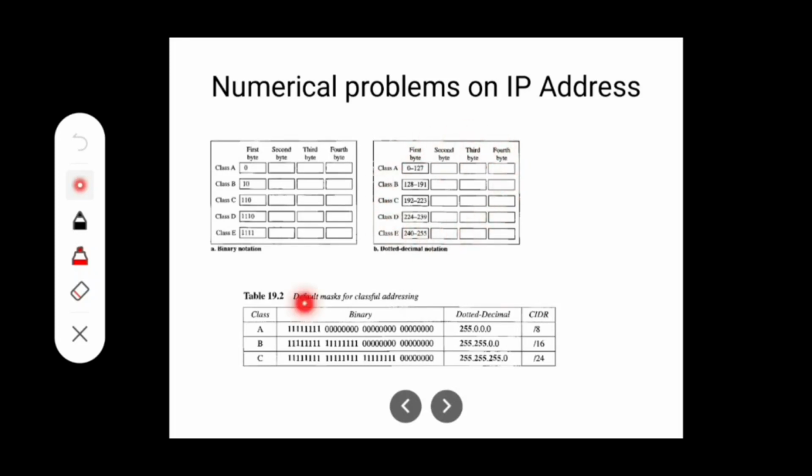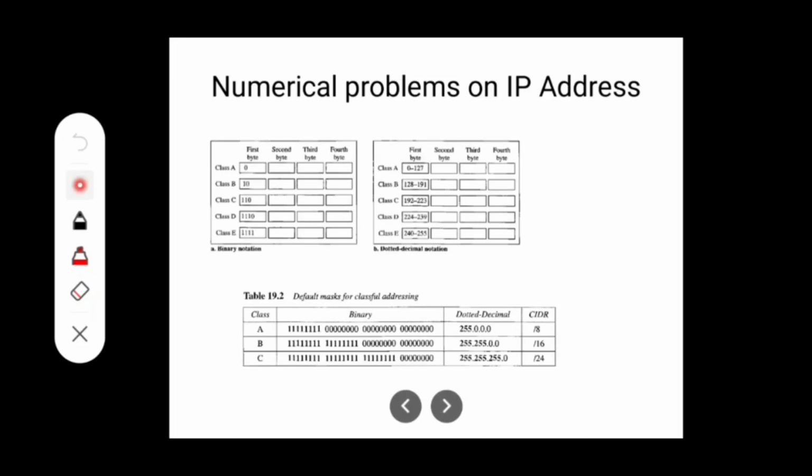Also we must understand the default masking of the IP address. What is the use of this masking? From the masking we are able to identify the host ID as well as the network ID. An IP address contains a host ID as well as a network ID. Using this masking process, we can identify both.